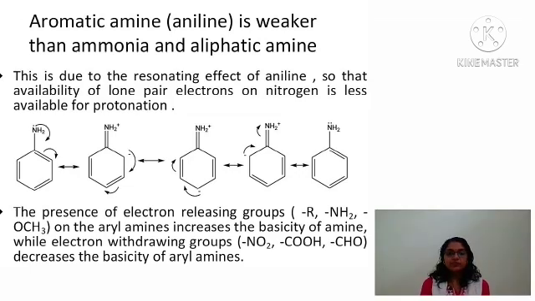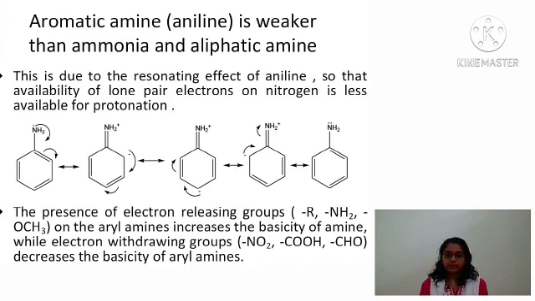The presence of different groups on the aromatic aniline increases or decreases the basicity of amines. If electron releasing groups are present on the aromatic amine, that is aniline, it will increase the basicity of the amine. That means if one more amino group, ether group or alkyl group is present on an aromatic amine, it will definitely increase the basicity.